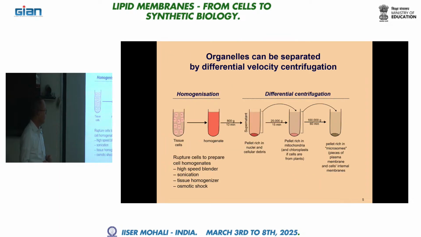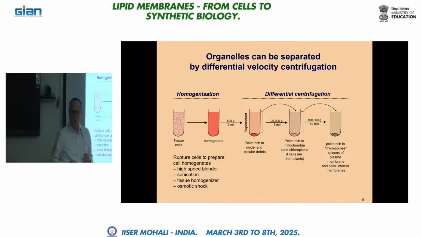One thing you can do is take cells or tissues and break them. That would release the organelles, and now you can take advantage that these organelles differ in their weight. Some membranes contain a lot of proteins, they are very heavy. Other membranes contain more lipids and very few proteins, so they are very light.